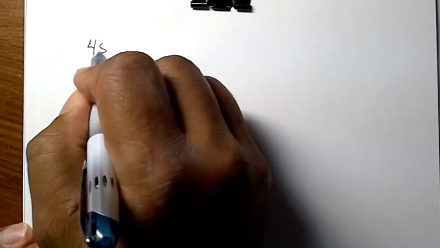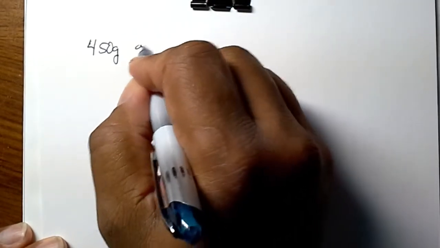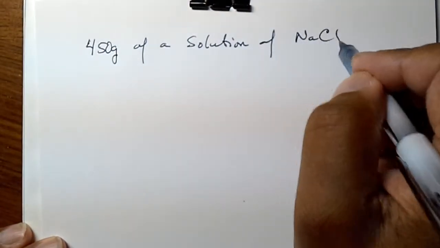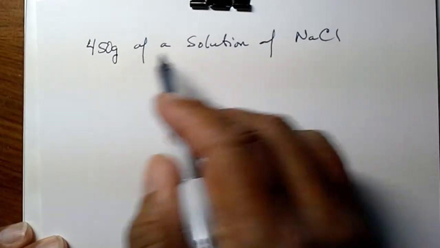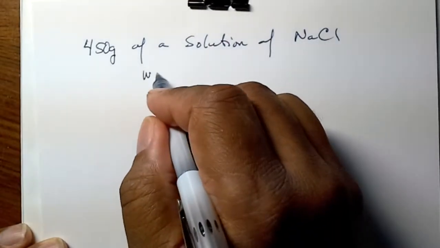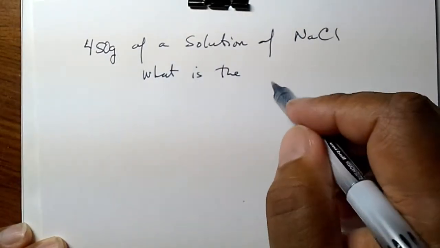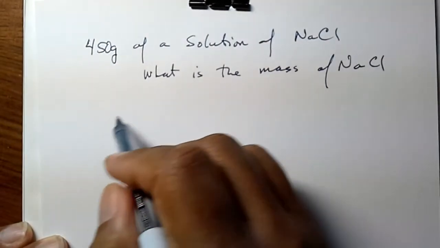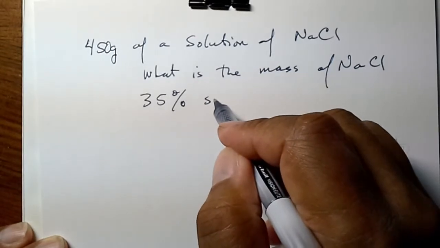If you have 450 grams of a solution of sodium chloride, all right, 450 grams of the solution of sodium chloride, what is the mass of sodium chloride if I have a 35% solution?